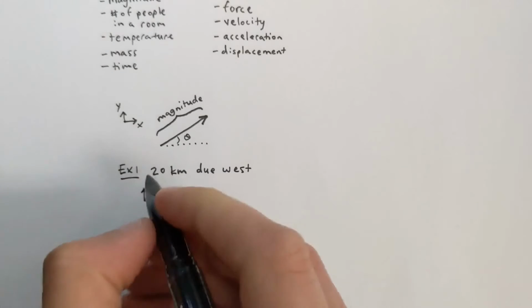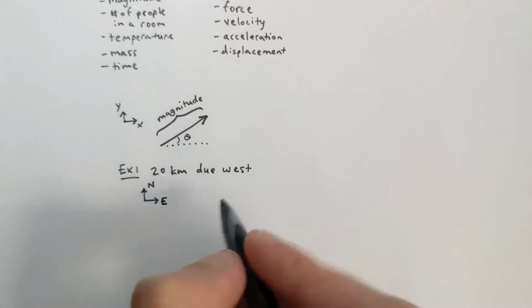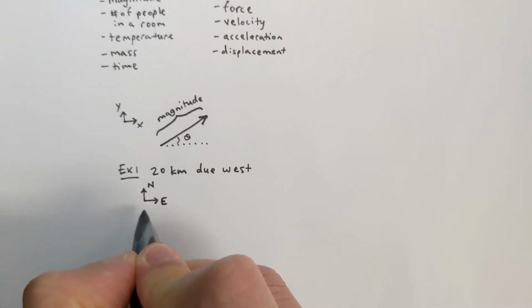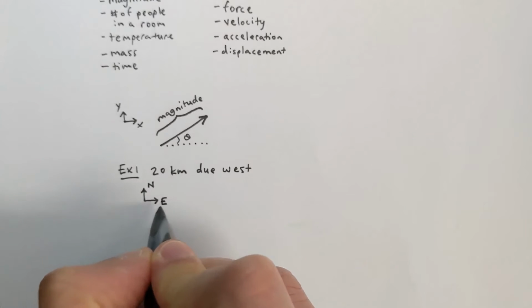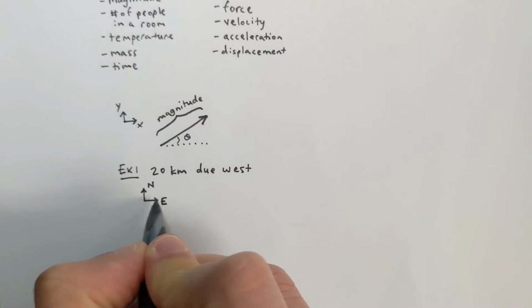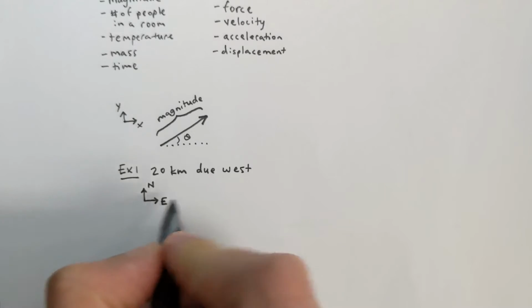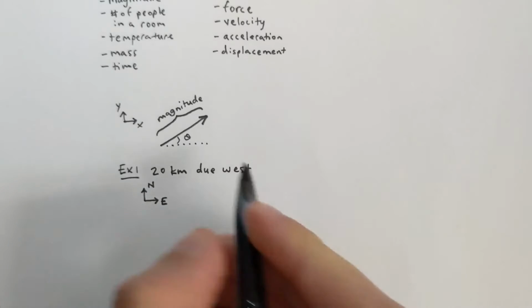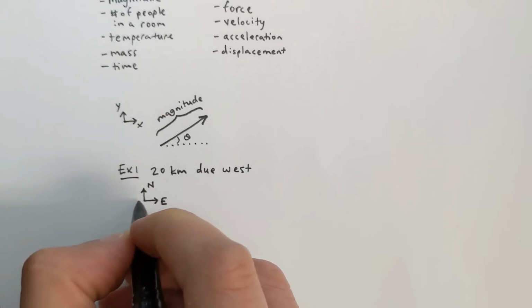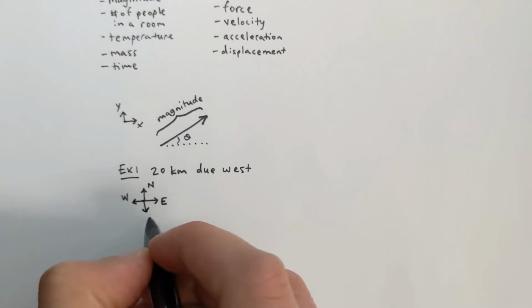So here we have north and east, and then if you remember, south points opposite of north, so down on our page, and west points opposite of east, so west points in this direction on our page, so towards the left on our page. Okay, so this way is west, and this way is south.